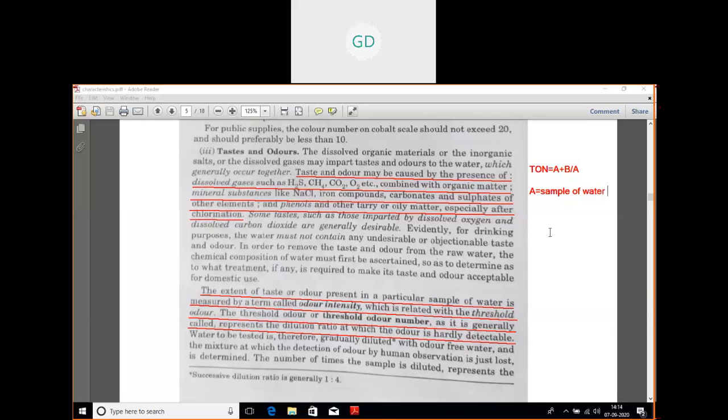It smells bad. You take that sample of water, that is your A, any volume you take. And B is distilled water, or diluted water also you can say.